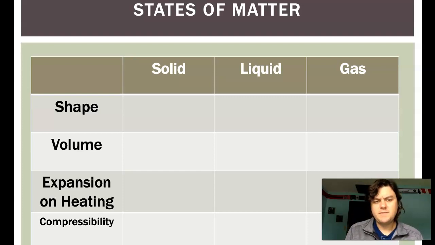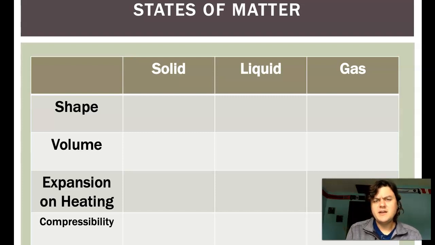Before you do that, I want to help with language a little bit. When we think about shape and volume for states of matter, I like to use the language definite and indefinite, where definite means it's predetermined regardless of the container that it's in or what it's being held in.